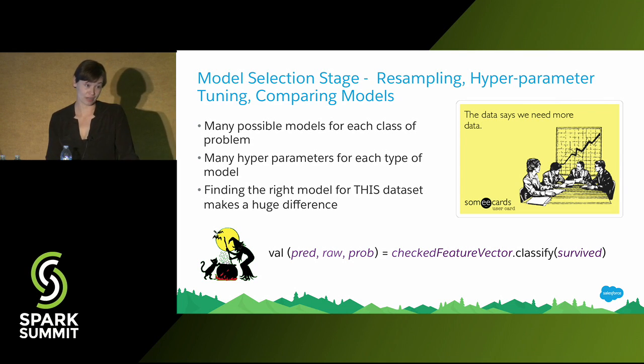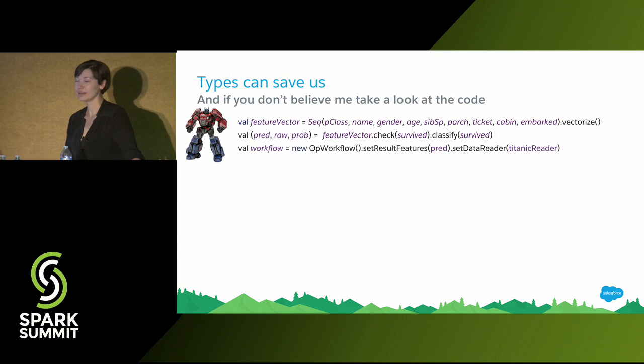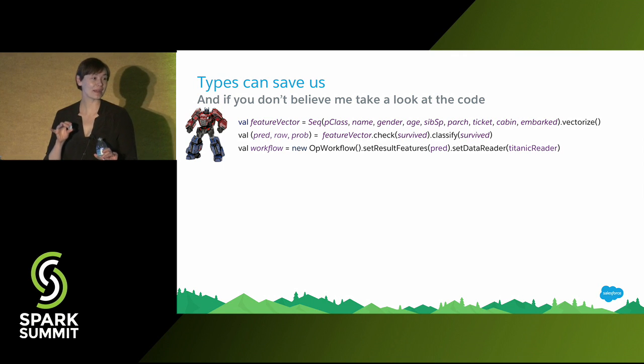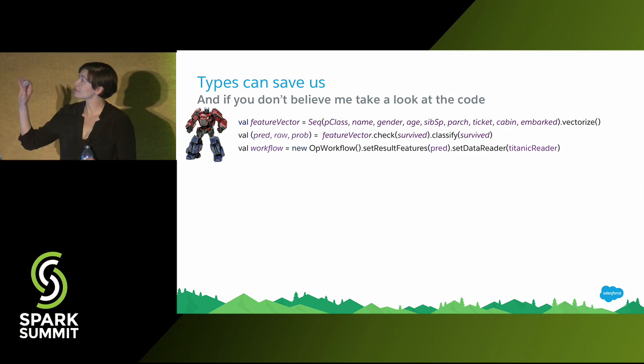Similarly, you could do this for regression. What we end up with is hopefully a very clean, performant model for each of our customers. And I hope at this point that I've convinced you that types are useful. If I haven't, then I'm going to make one last-ditch attempt and show you a comparison of what this looks like in our code versus what this looks like in Spark code.